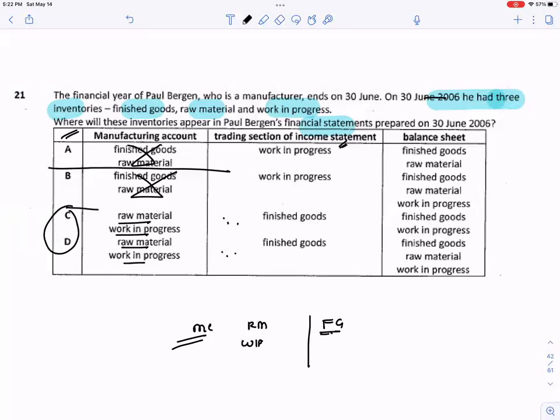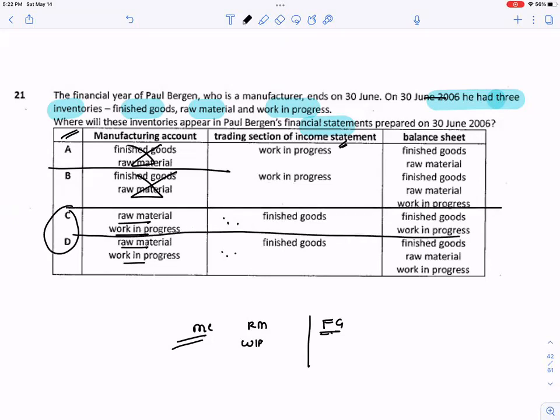Now let's talk about the balance sheet or the statement of financial position. Will it have all the three inventories appearing, or only two, in the current assets? All three inventories will appear. So which one would be correct?